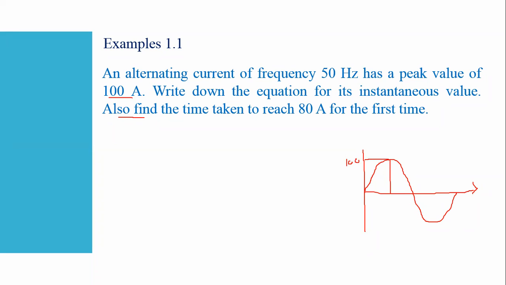Now find the time taken to reach 80 ampere. So if it is 100 over here, somewhere at this point it is 80 ampere. Okay, over here it is 80 ampere. Now we have to find the time of this particular instant.